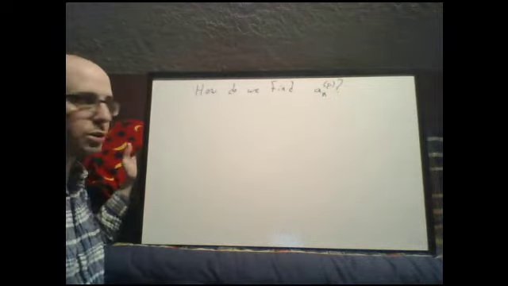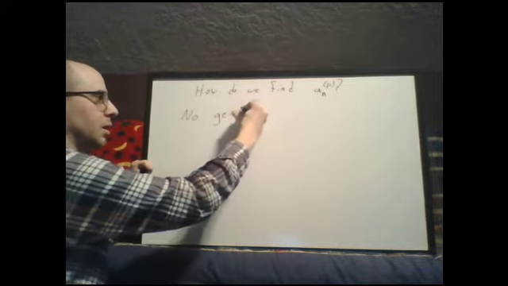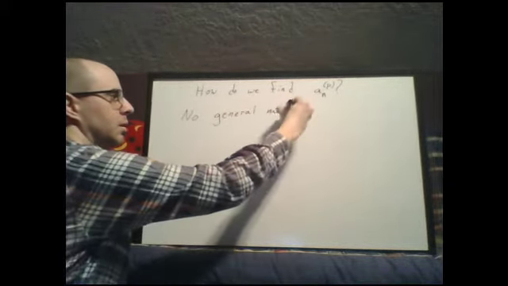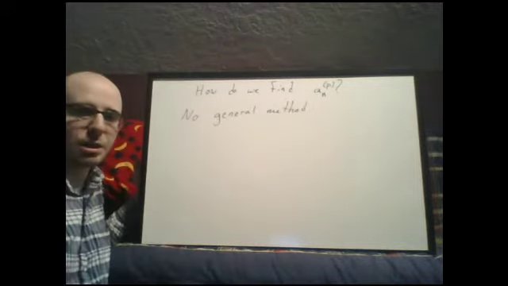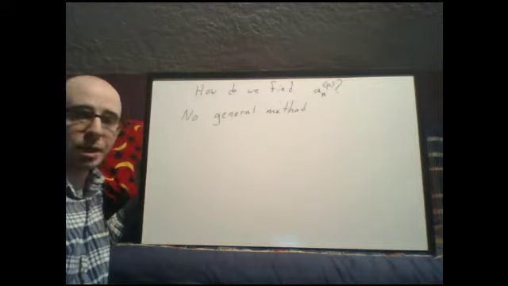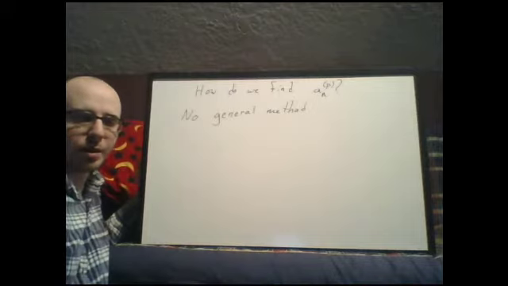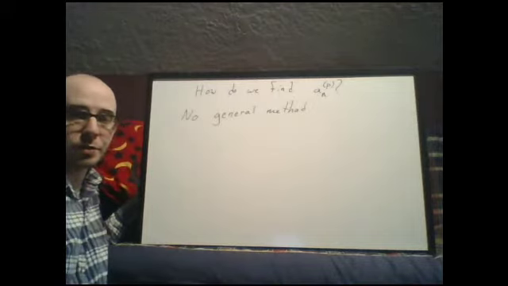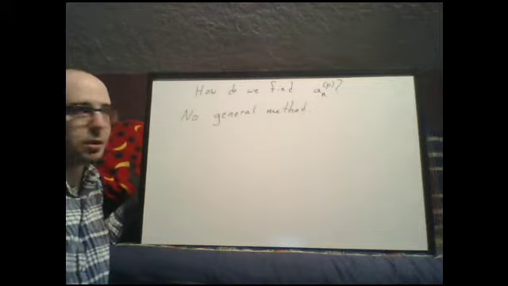Okay, so the bad news is there's no general method. It basically depends on how complicated your f of n function is. I can make up all kinds of horrible functions for f of n, and for most of them that I make up, we would not be able to come up with a particular solution.